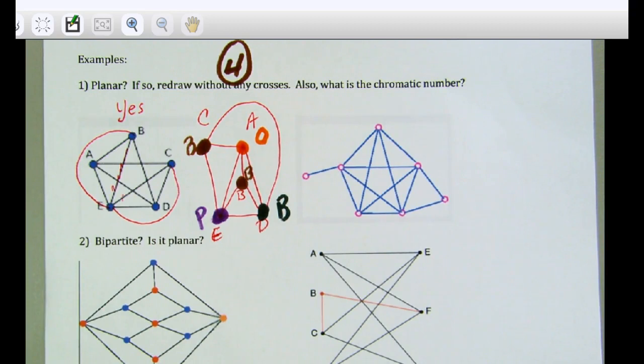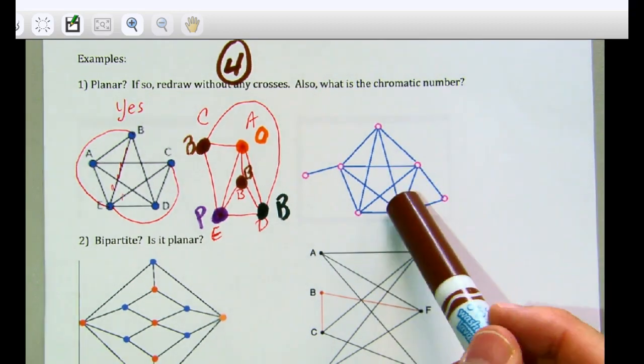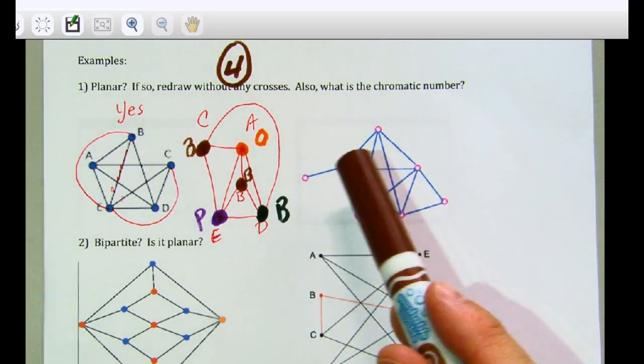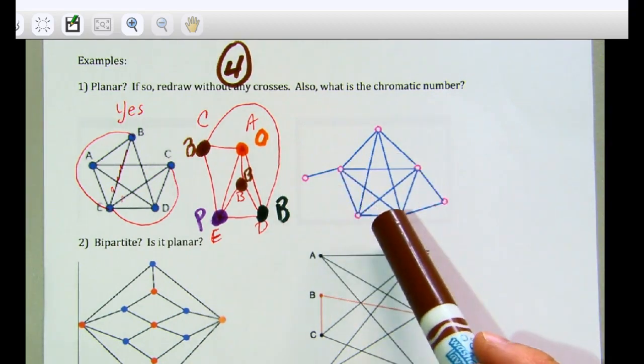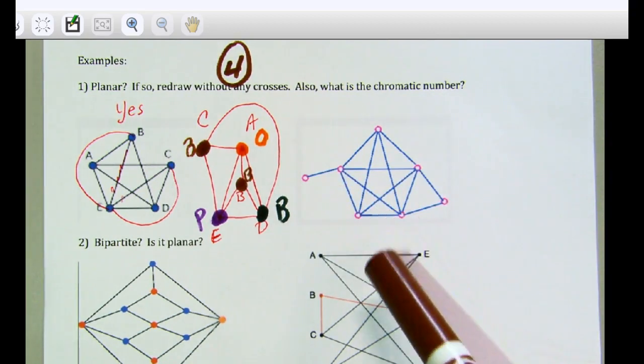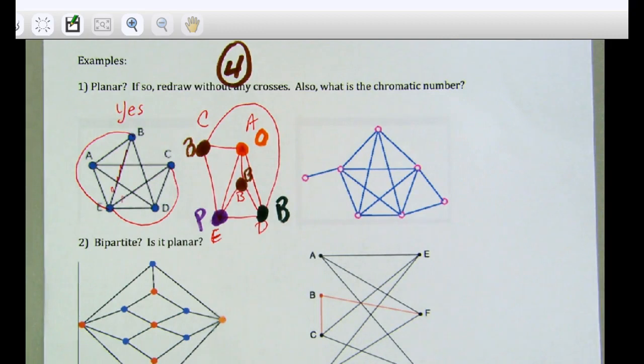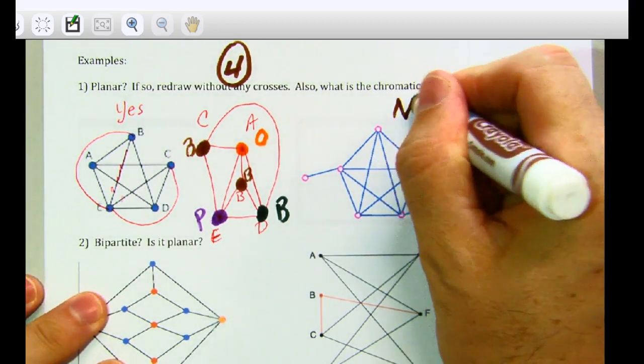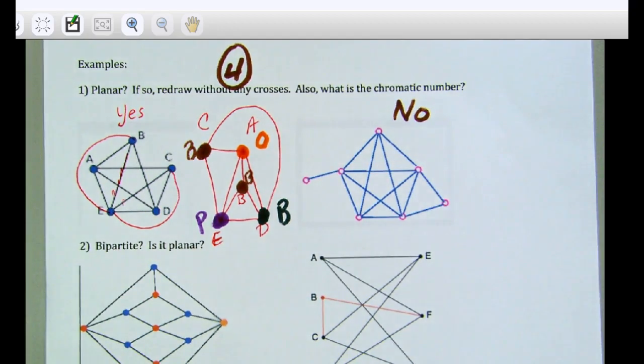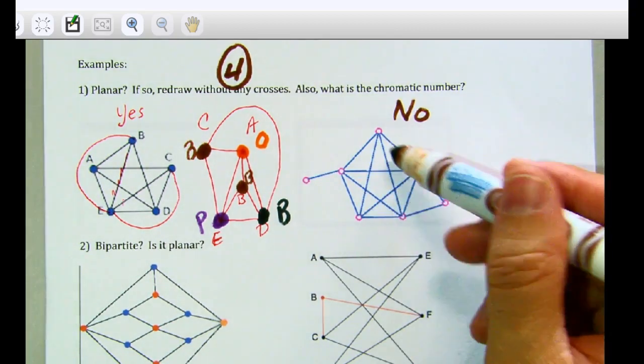That's the chromatic number. Now looking at this one, is this one planar? Yes or no? Well, I hope you can look at this one quite fast and say no. Why would that one be no? Well, I think it's pretty obvious here. You see a K5.